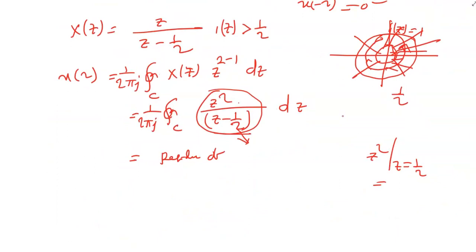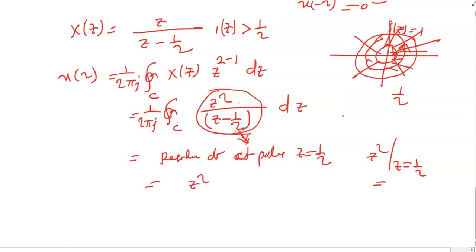So the residue of the poles inside the contour will be at this pole z equal to half, which is equal to z square evaluated at z equal to half.